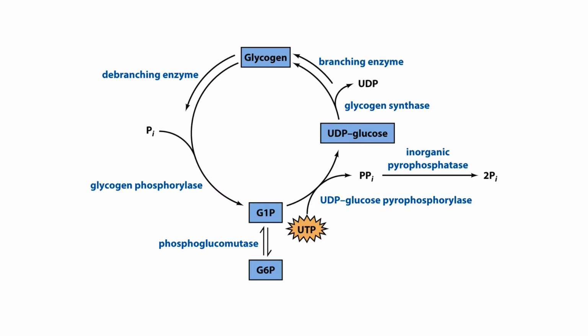So this is just a flow chart of the synthesis of glycogen and the degradation of glycogen. So technically, we can call the synthesis glyconeogenesis and the breakdown glycogenolysis. And we're going to go through each side of this.